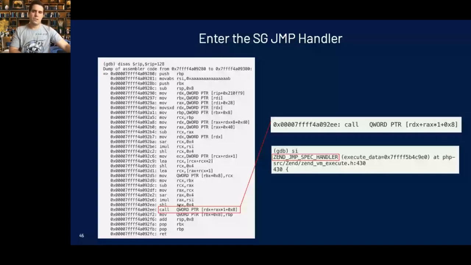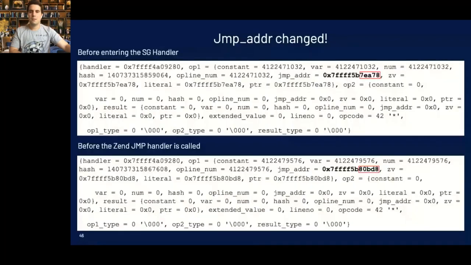So if you were to take a look at the jump instruction prior to entering the SourceGuardian jump handler, and then compare it to the instruction right before the Zend jump handler is called inside the SourceGuardian jump handler, you would see that operand 1 actually changes.